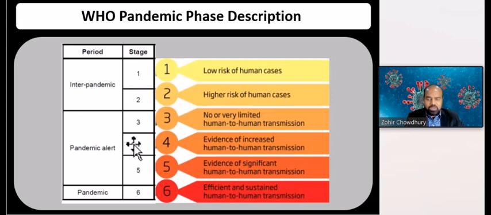Phases 3 to 5 are known as the pandemic alert period, with evidence of increased human-to-human transmission. The goal is to focus on containing or delaying the spread. And finally, phase 6 is the pandemic period where sustained human-to-human transmission is occurring. The goal is to minimize impact.